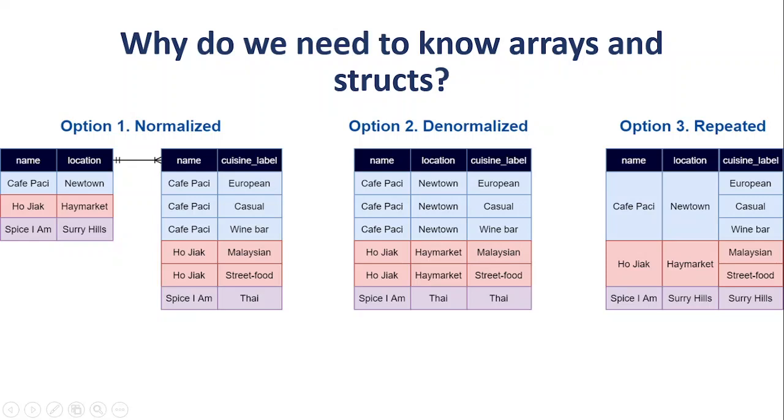We're going to talk about it in more detail, but by using the repeated mode we have reduced our storage too. We also have better query performance as all data is in a single table, so there are no expensive joins, which we get from denormalization too.